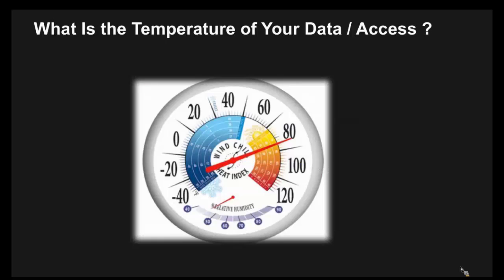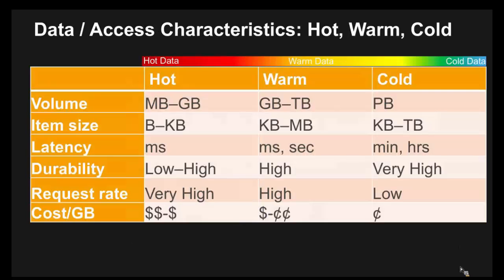The other factor that I often think about when I help customers build big data systems or storage subsystems is the temperature of the data I'm dealing with. Typically, hot data comprises small pieces of data moving extremely fast, maybe tens of thousands of requests per second, where the request rate per gigabyte or the frequency of access is very high.